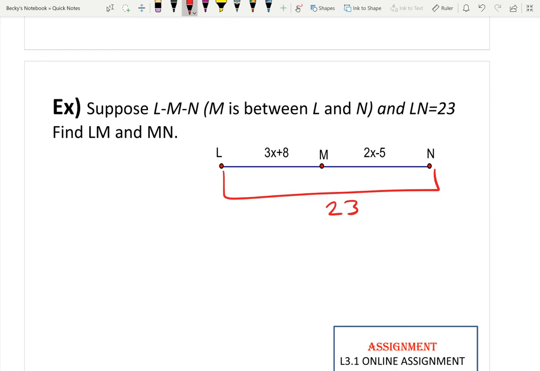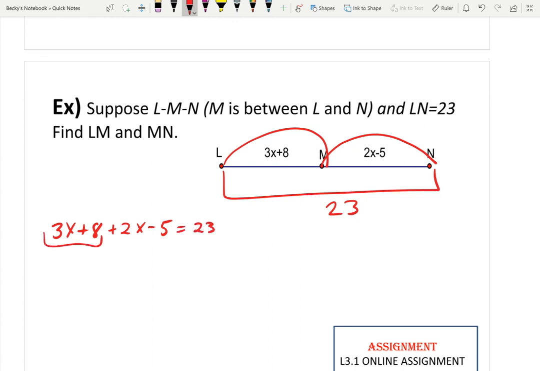So what we're going to do is little segment plus little segment equals big segment. So what is the value of this first segment, which is 3x plus 8? And what's the value of the next segment, which is 2x minus 5? And what's the value of the big segment? And that is 23. So little plus little equals the big. Okay, so this is your equation.